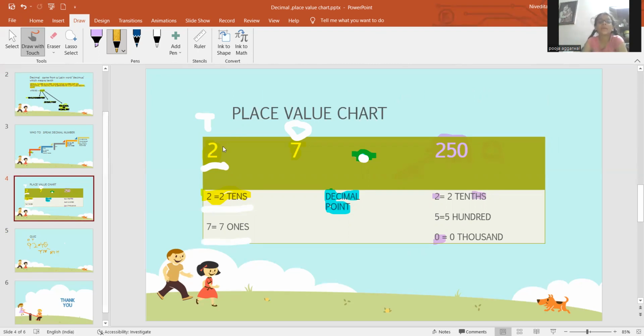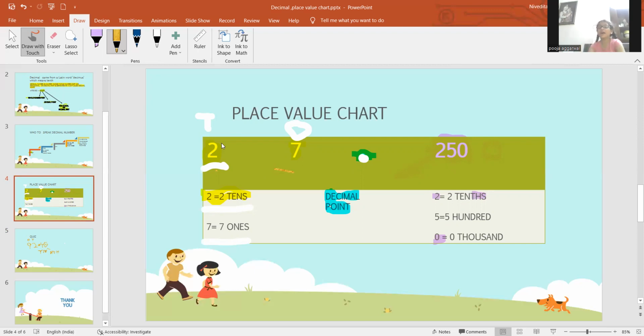And now if they have given this example, we will read it as 27.250. Here 2 is at 10th place, 7 is at 1's place, 2 is at 10th place, 5 is at 100th place, 0 is at 1000th place.